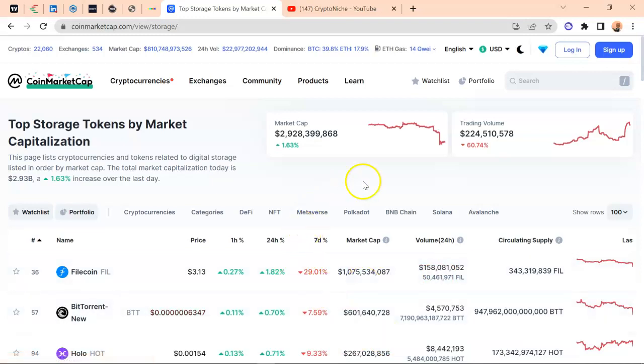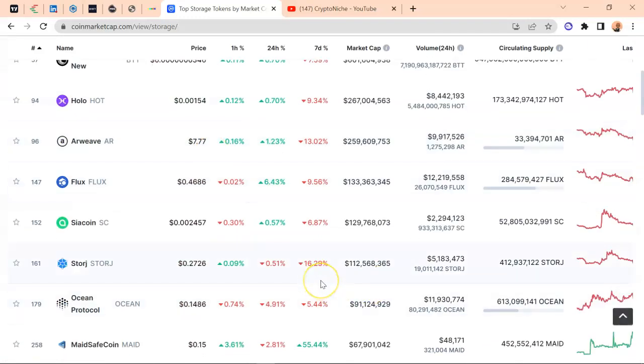Imagine that you have all your childhood memories stored on a centralized storage platform, and because you voiced your opinion on certain subjects in life, they decide to delete whatever you stored on their system. That doesn't make any sense to me. So people who love freedom of speech, freedom of expression, and freedom of association are going to prefer a decentralized storage facility over a centralized version of it.